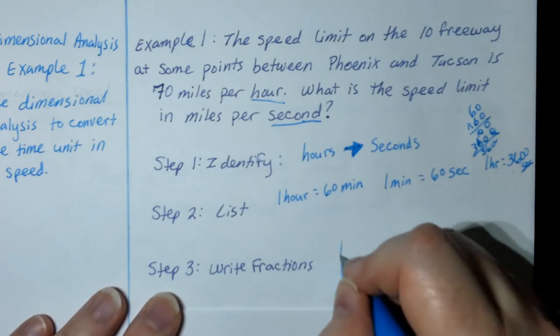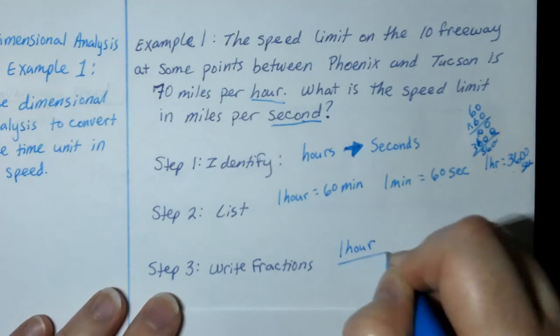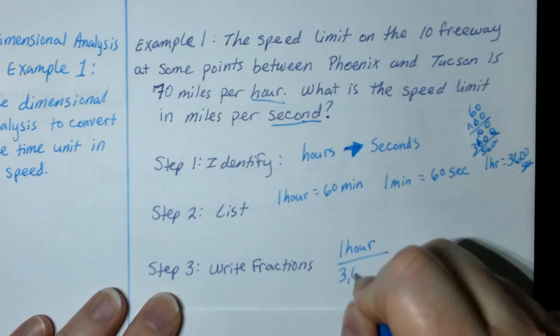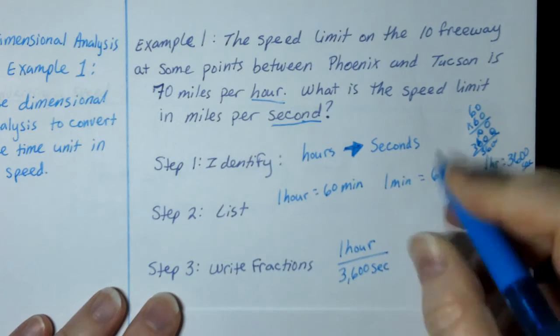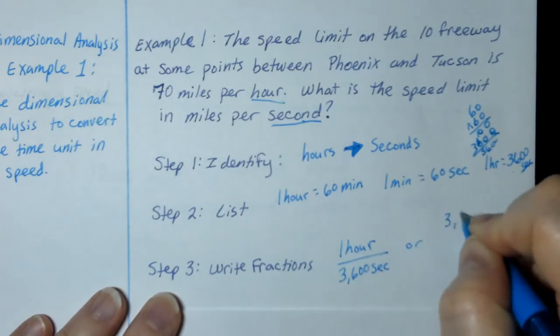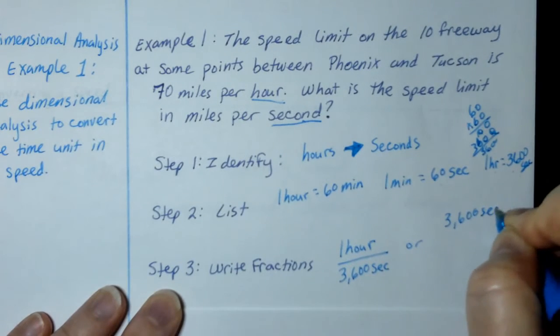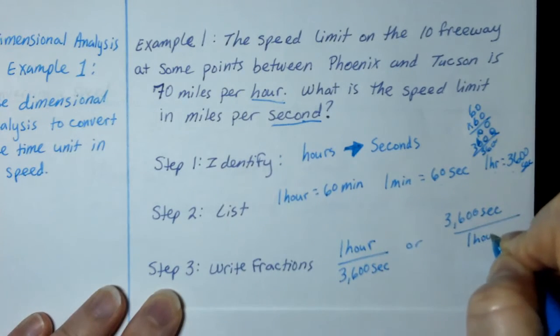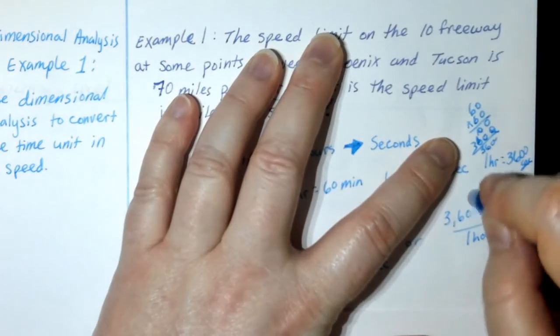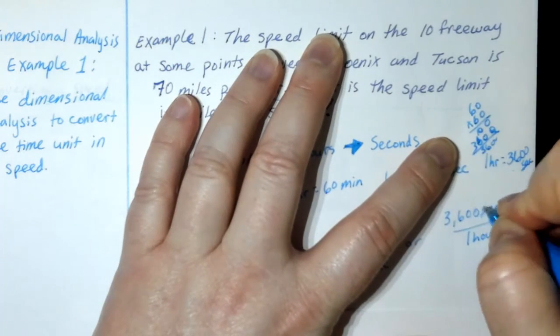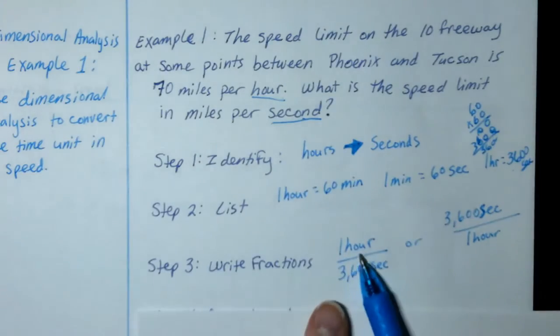So I could have 1 hour over 3,600 seconds, or 3,600 seconds over 1 hour. Okay, so would you agree that 1 hour and 3,600 seconds are the same thing?